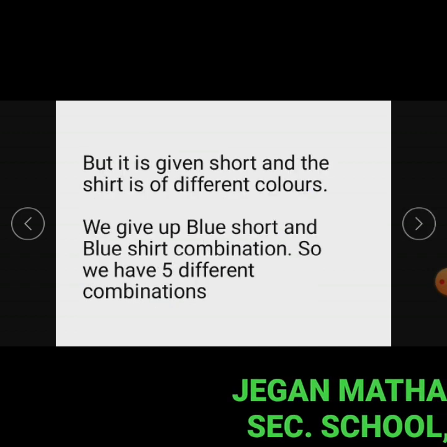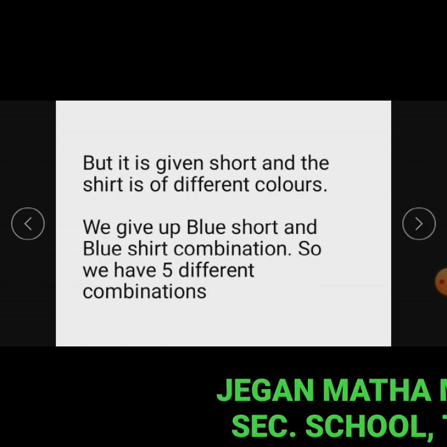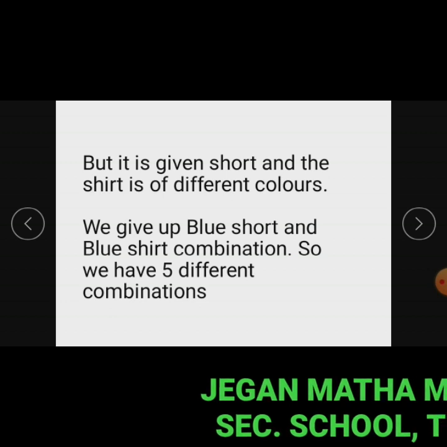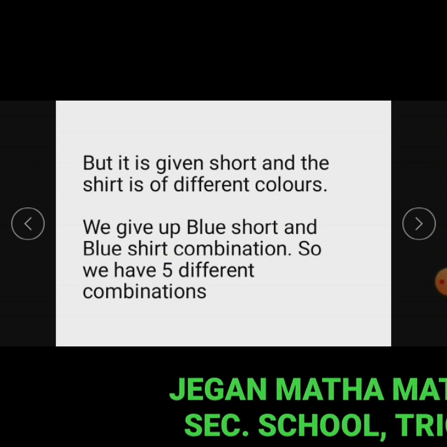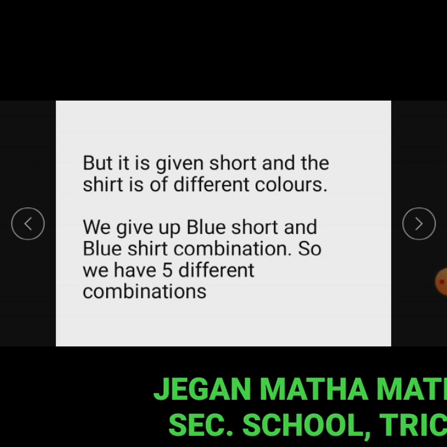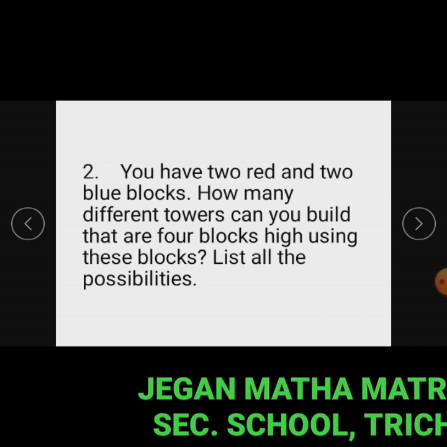But it is given that the short and the shirt are of different colors. So we give up the blue short and blue shirt combination. So we have 5 different combinations.